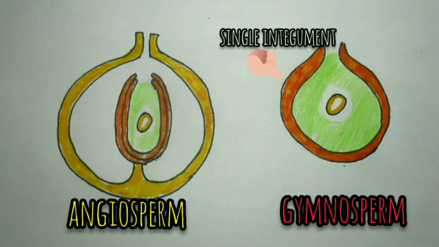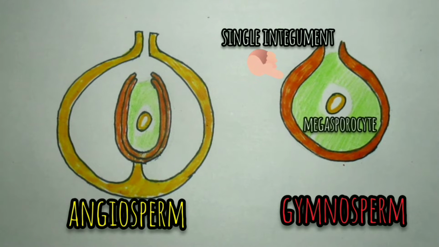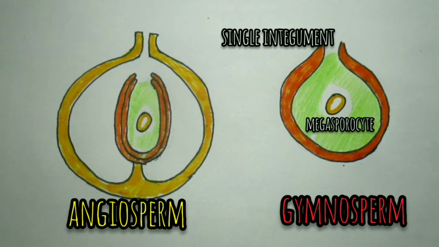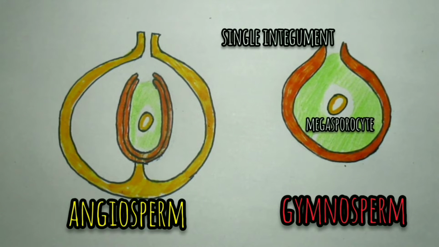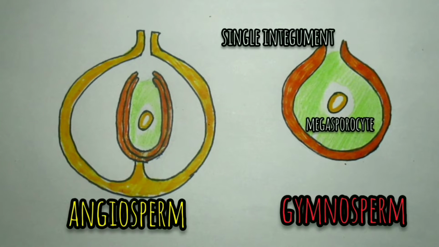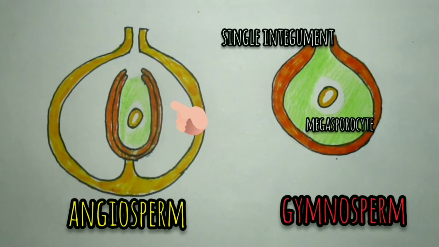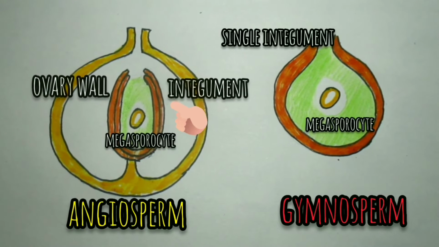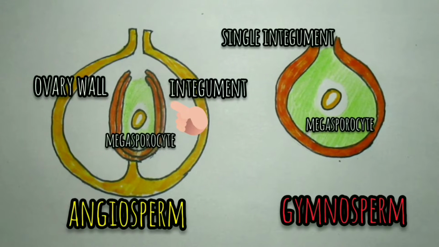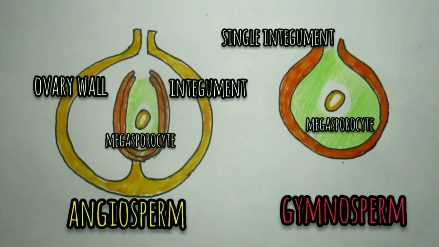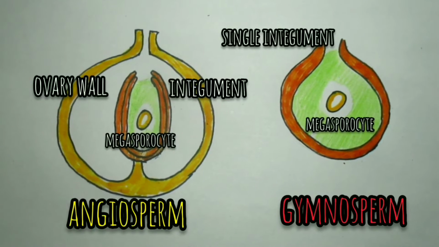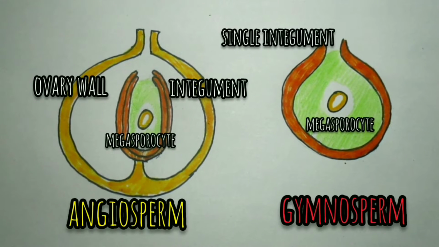Among the gymnosperms, the megasporangium is usually covered by a single integument, and this is known as the ovule. This ovule is naked, that is, not enclosed in a fruit or the carpellary vessel, hence the name gymnosperm. In the angiosperms, the ovule or ovules are generally endowed with two integuments and are enclosed within a case formed by the carpel or carpels, which is known as the fruit.